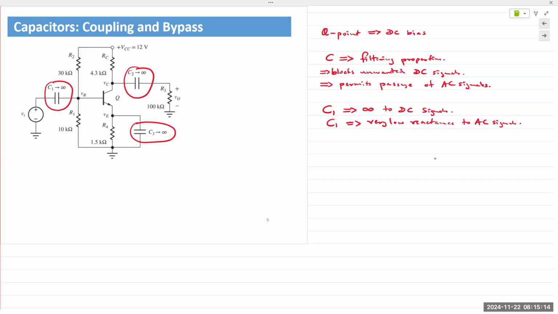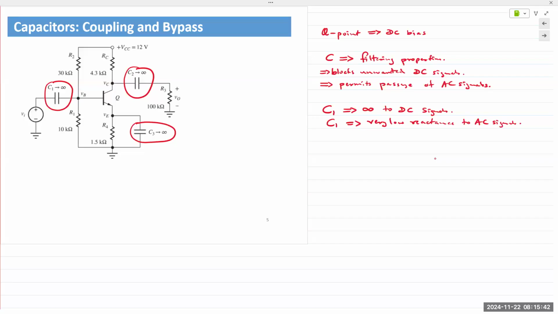C2 is also exactly the same. We connect it at the output so that our desired AC signal is amplified and is available to go on to the next circuit or to the load. But we do not want the DC component to come in there. If you'll recollect from the lab output, the AC output was amplified, but it also had a very large DC component in there.